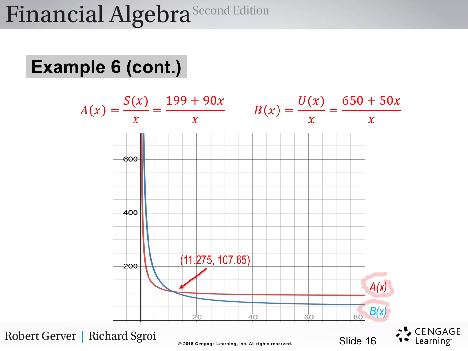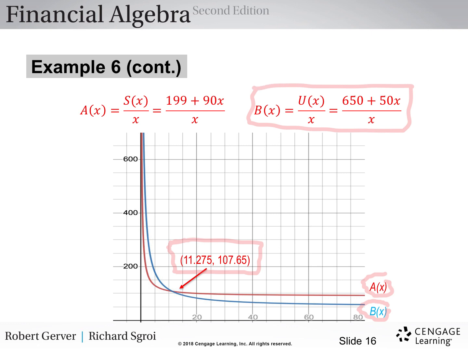And you'll notice at this point here, where x is equal to 11.275 and y is equal to 107.65, the 2 graphs cross, all right? So long as he keeps it beyond that point, the unsubsidized version is going to be the better deal, okay?